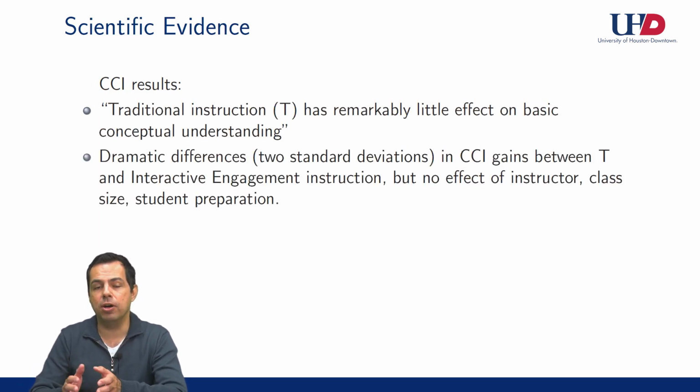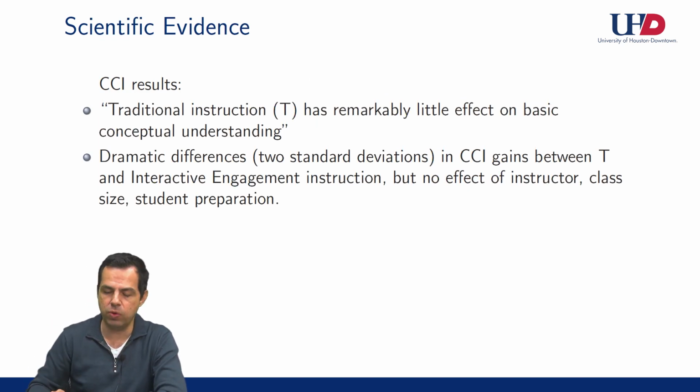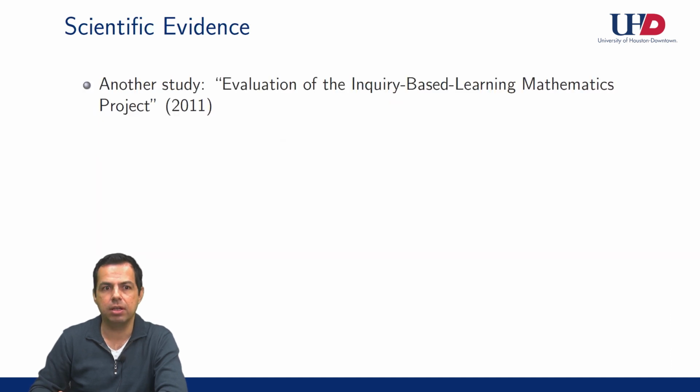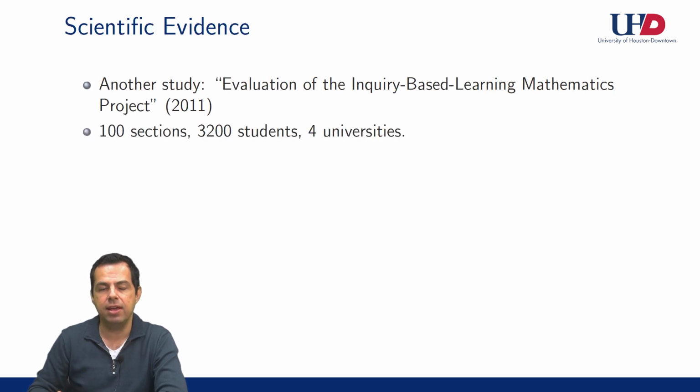Dramatic differences, up to 2 standard deviations in CCI gains between traditional teaching and interactive engagement instruction like active learning, has a much more dramatic effect than the instructor, the class size, or even the student preparation. We have another study, Evaluation of the Inquiry-Based Learning Mathematics Project from 2011.